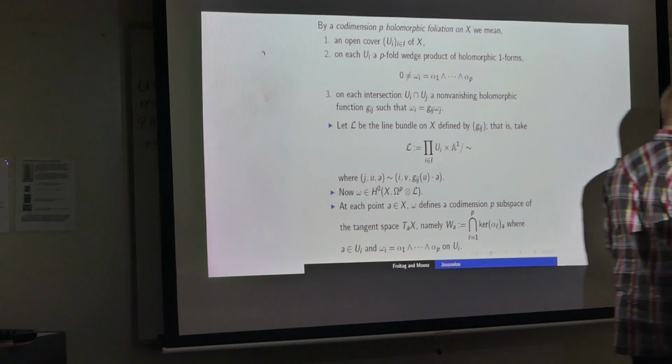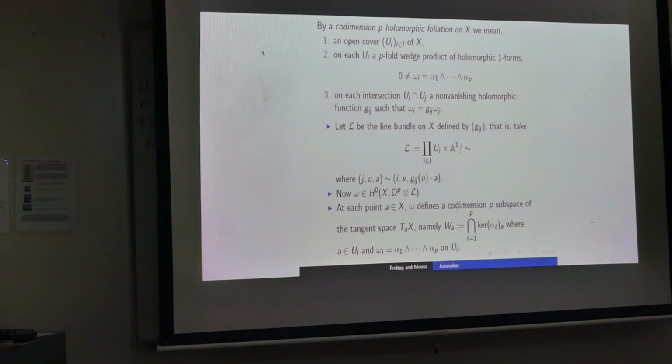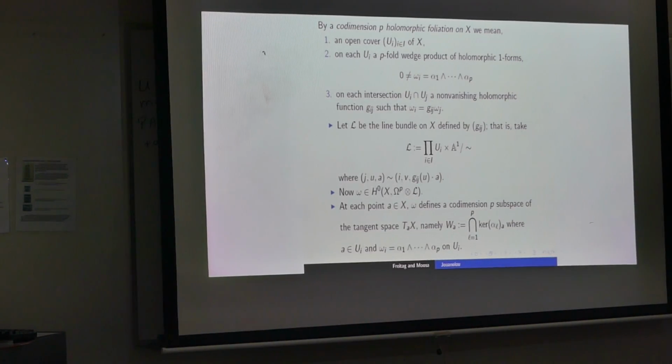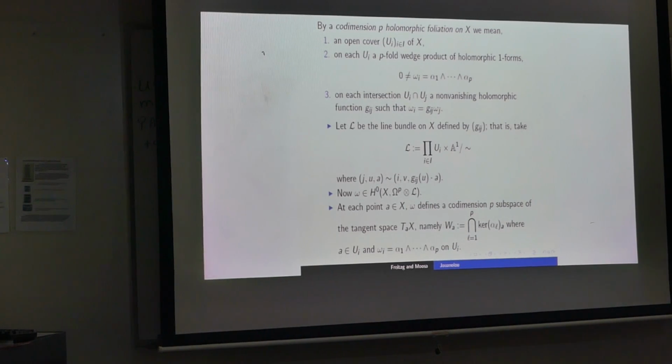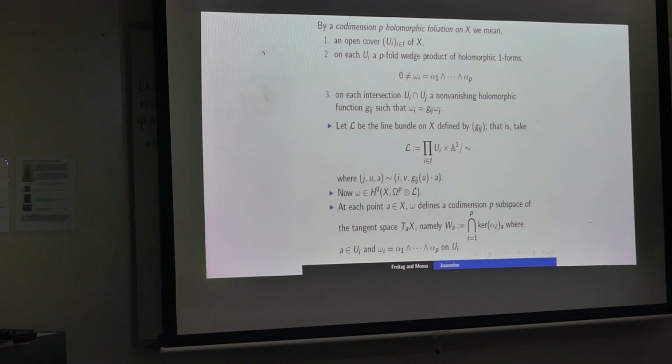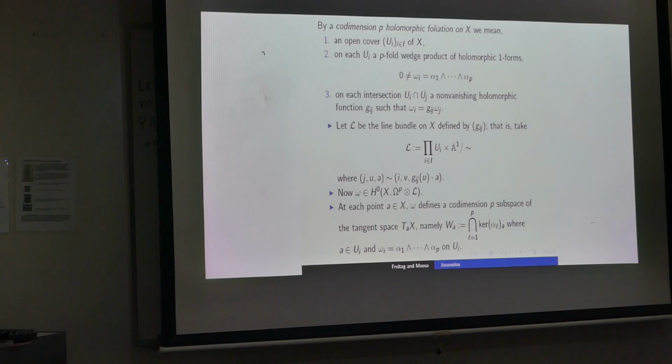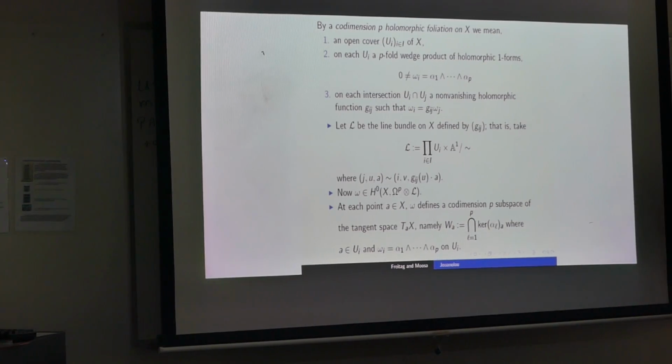I'd like to draw a picture of maybe the simple case. So if you fix some point on the underlying manifold or variety, let's say that P equals 1 and the dimension of the variety is 2. So it locally looks something like that if you like.